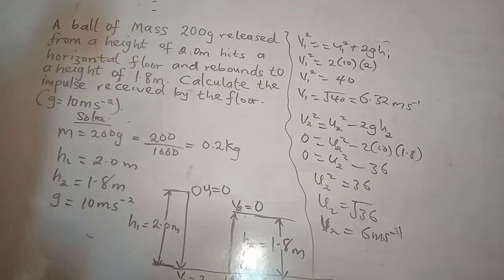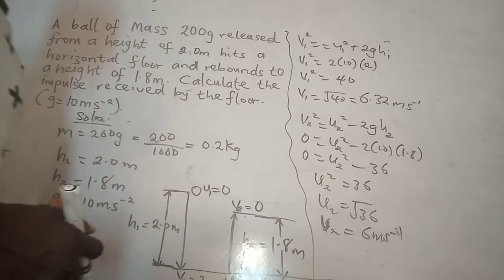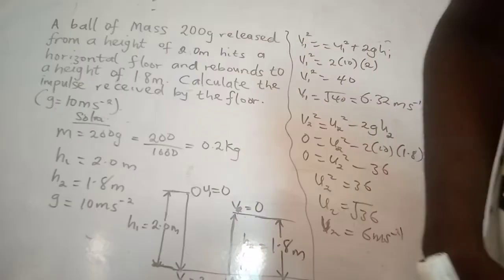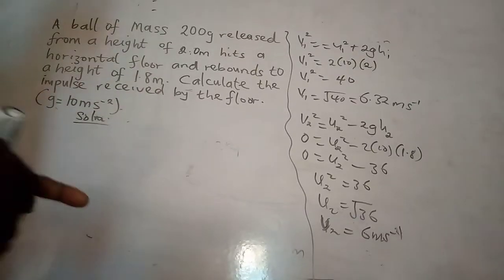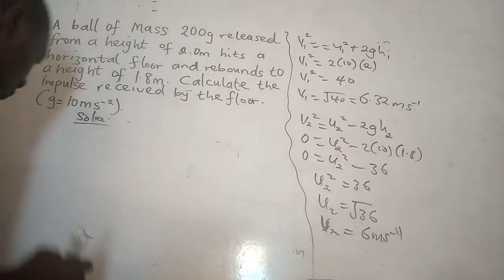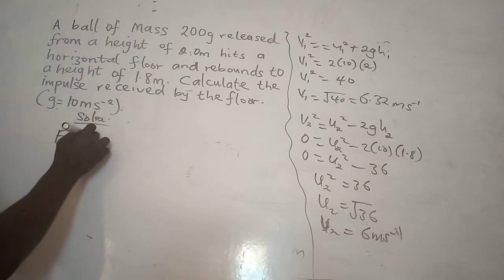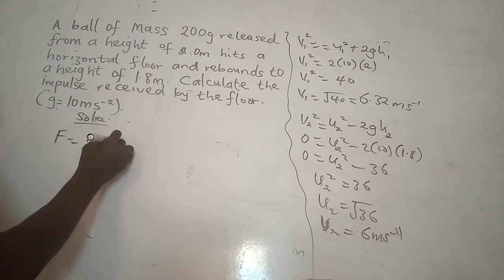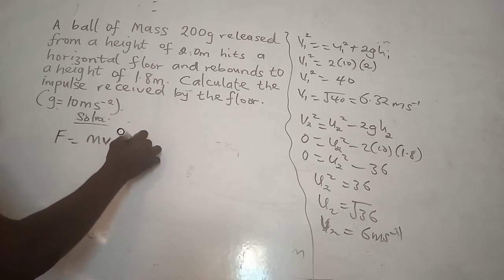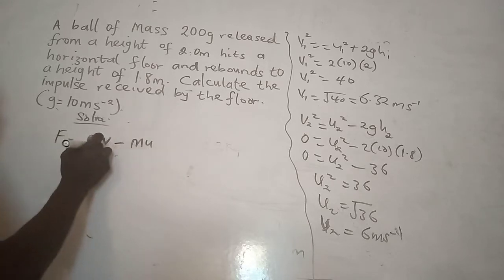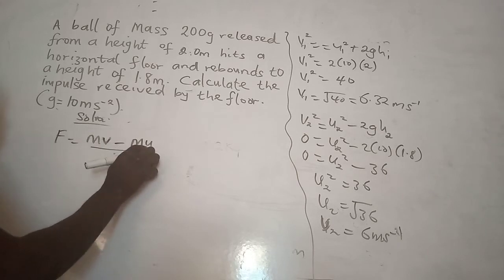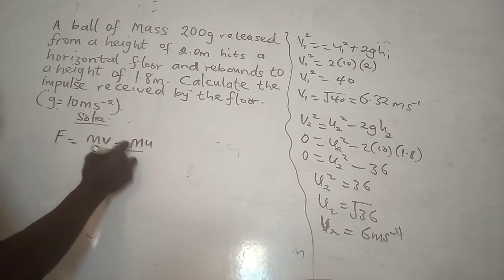Now the next thing we have to look for is the impulse. From Newton's second law of motion, we know that F equals change in momentum, mv minus mu, that is, final velocity minus initial velocity, these are the momentum, divided by time.